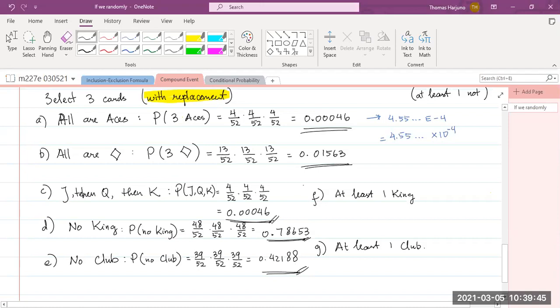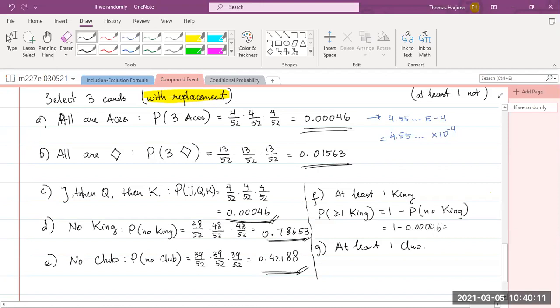Now, probability of having at least one king, that's equal to 1 minus probability of no king. Now, probability of getting no king is 0.00046.